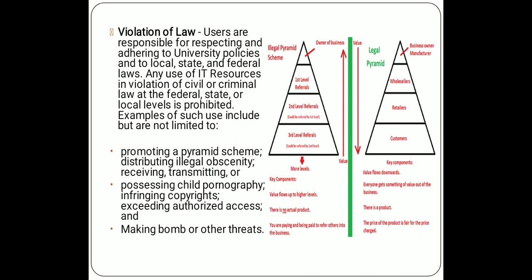Now talking about promoting a pyramid scheme. In an illegal pyramid scheme, they are not talking about any real business. If you refer people into the business, you get paid. That is called promoting a pyramid scheme.